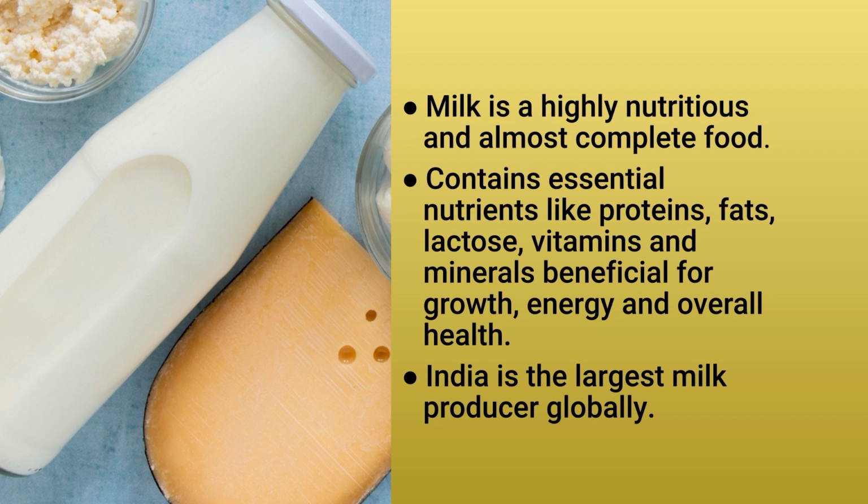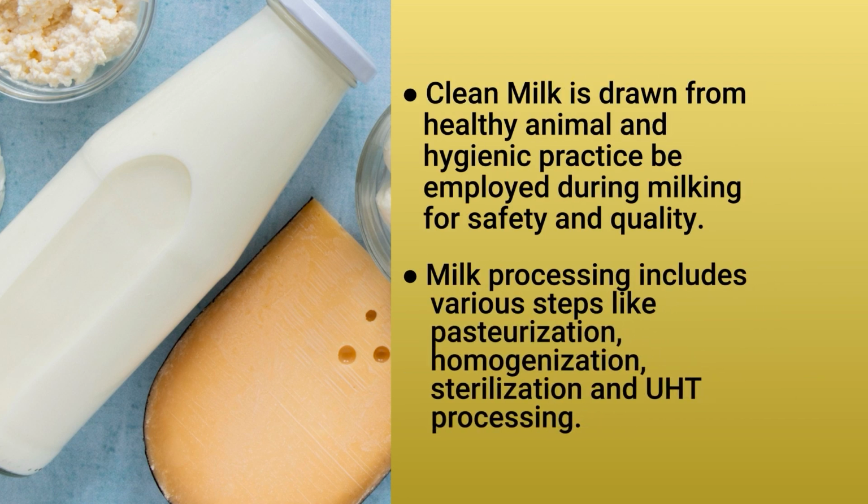India is the largest milk producer globally with 230 million metric tons, 24% of global production. It is very important to have clean milk production, which means milk should be drawn from healthy animals and hygienic practices employed during milking and storage. It should be followed by chilling the milk to 4 degrees centigrade, preferably within 2 to 4 hours.